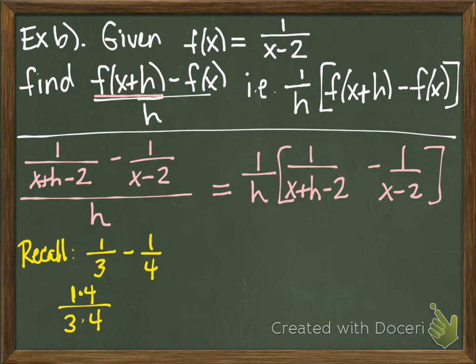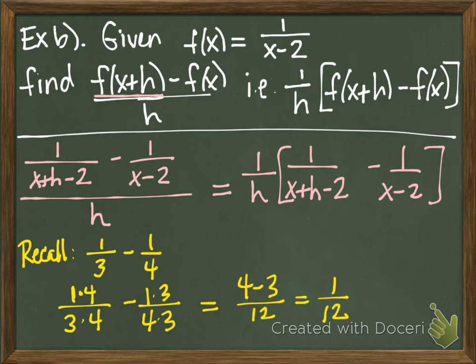That's not changing the value at all. And then I'm going to take the other fraction and multiply the top and the bottom by 3. Now I have a common denominator, and we can actually subtract. We're going to get 4 minus 3 over 12, or just 1/12. That's what we learned before in elementary school.